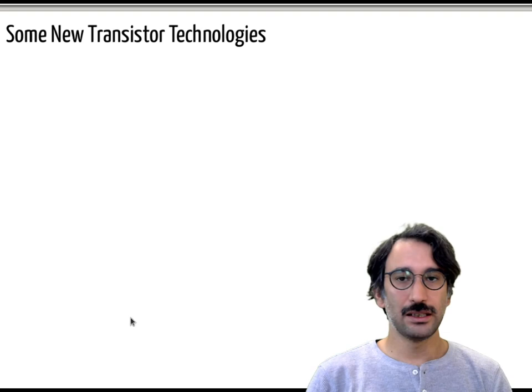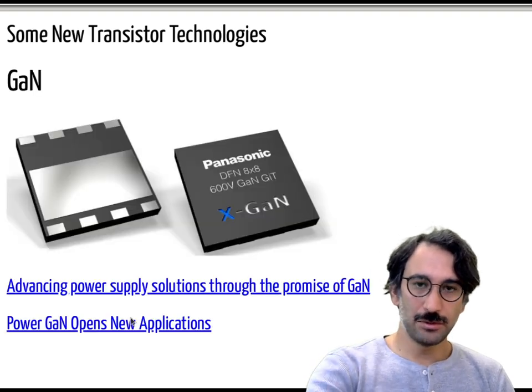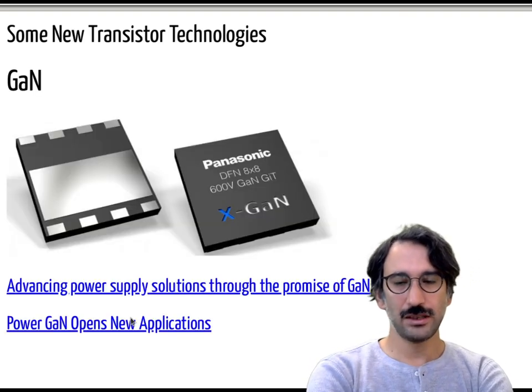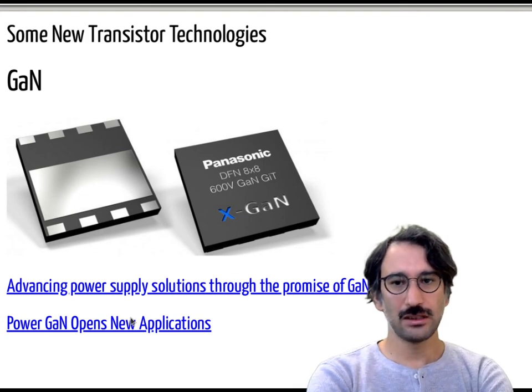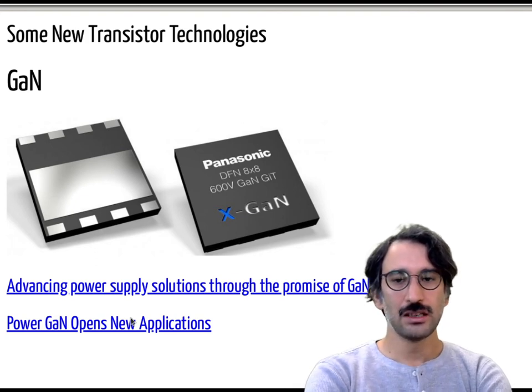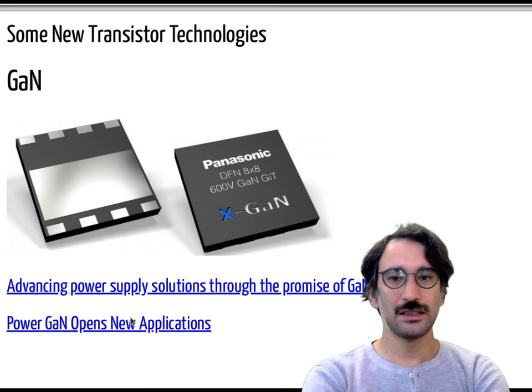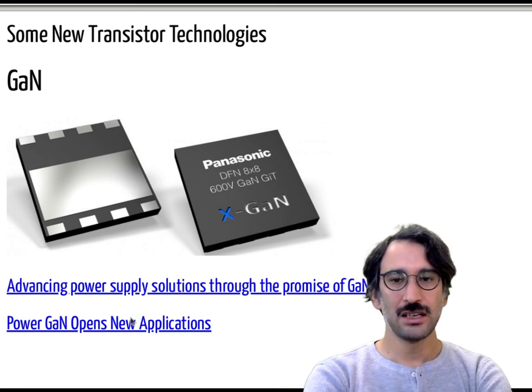We can also discuss some new transistor technologies, apart from the silicon based transistors. There are a couple of newer technologies. One of them is the GaN transistors, short for gallium nitride. They are becoming really popular, and they are really efficient and fast switching transistors, used especially for commercial electronics.